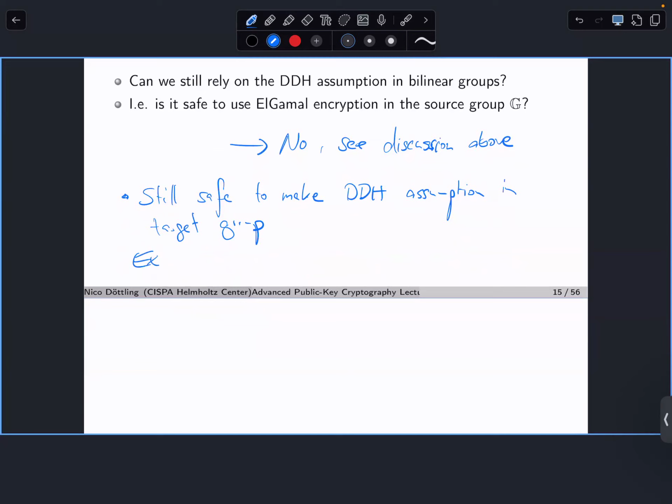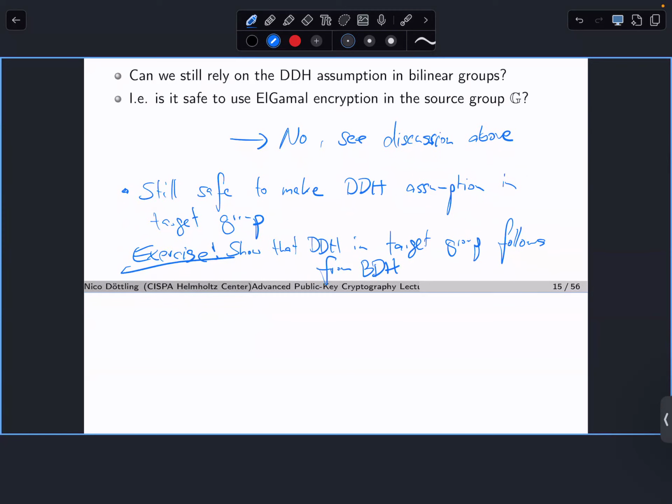Exercise: show that DDH in the target group follows from BDH. Okay, cool. Good.